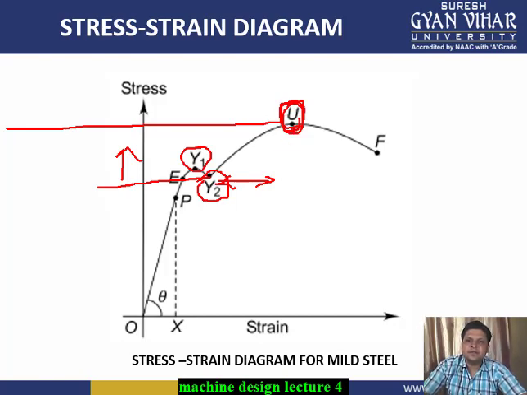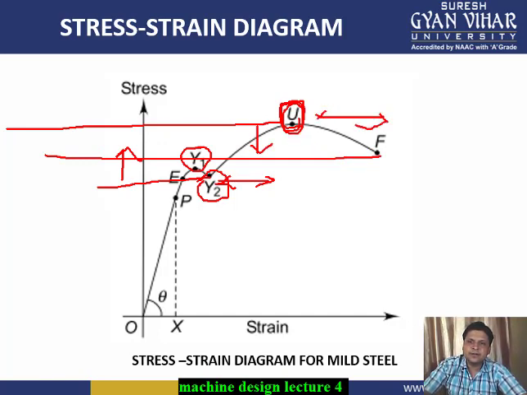Now after this U point, the graph dips again, because if you decrease the load, you will still get elongation, meaning you still get a strain value. And at point F, the material is broken into two pieces.